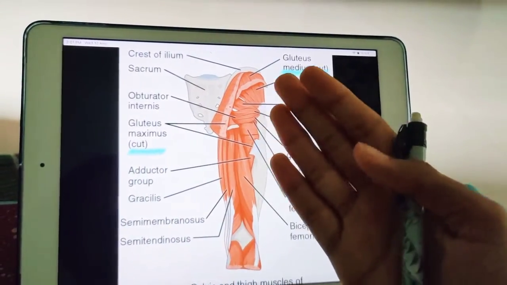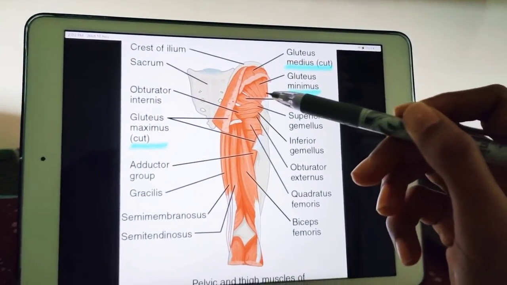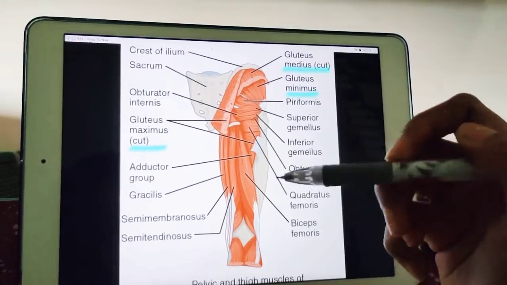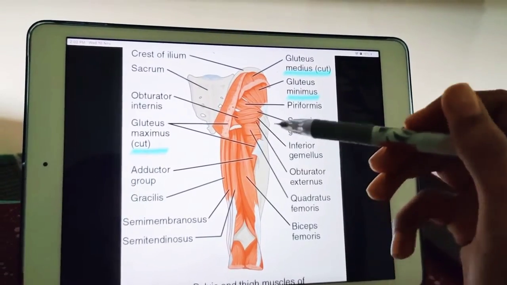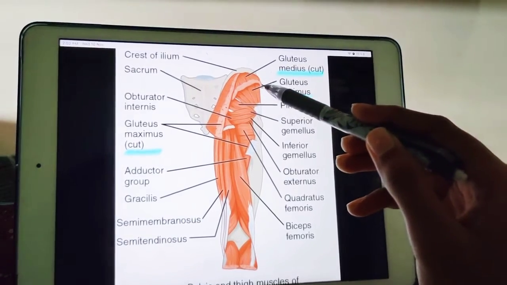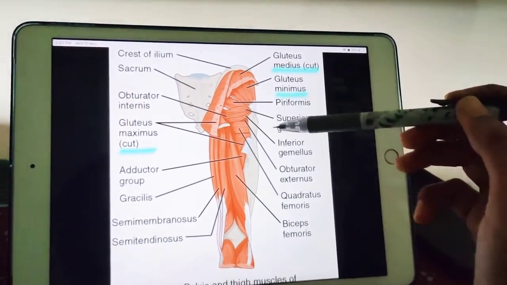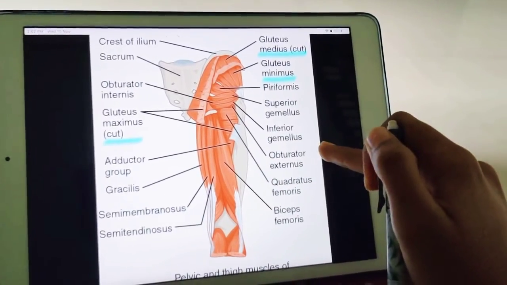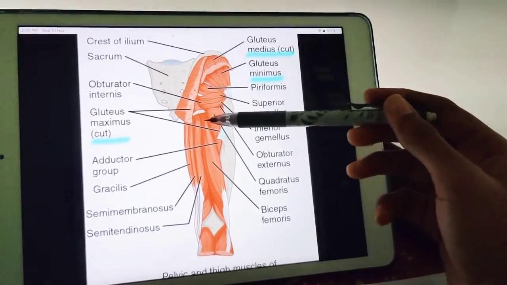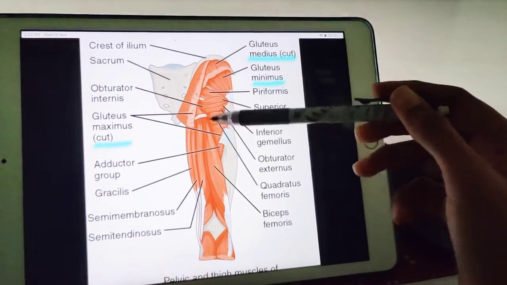Of course you can see now we have cut the gluteus maximus, and inside you are seeing many muscles, right? In total there are 9 muscles inside the gluteus maximus, that is the gluteus medius. Of course you can see the gluteus medius, next you can see the gluteus minimus, next you can see the reflected head of rectus femoris. In this diagram it's not shown, but you can see the reflected head of rectus femoris.